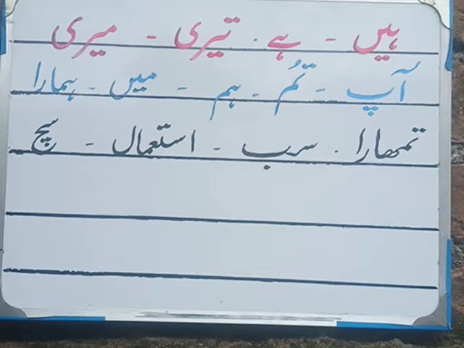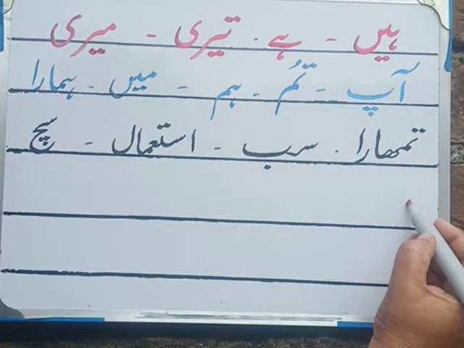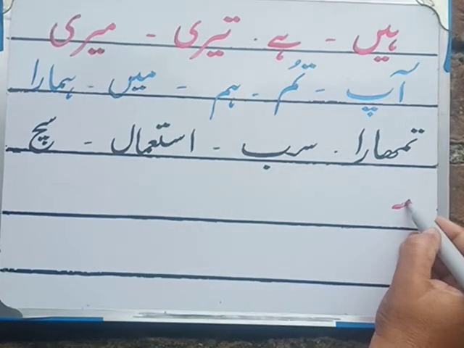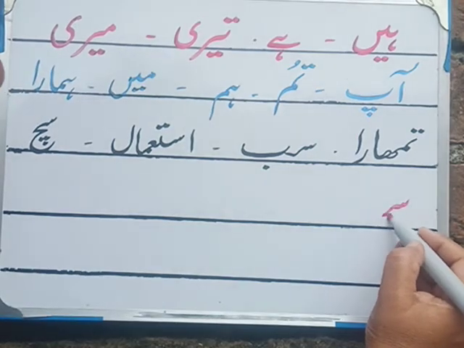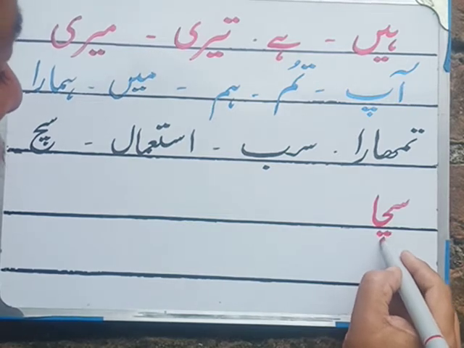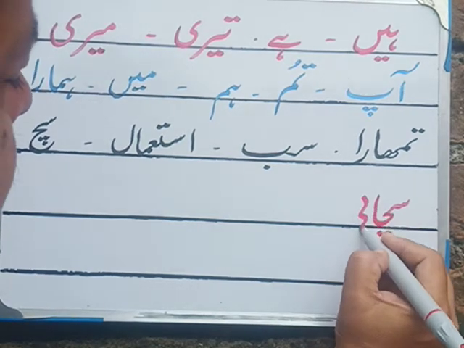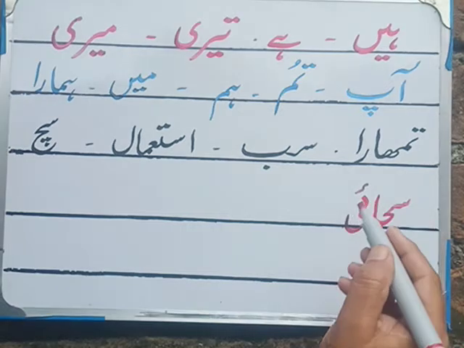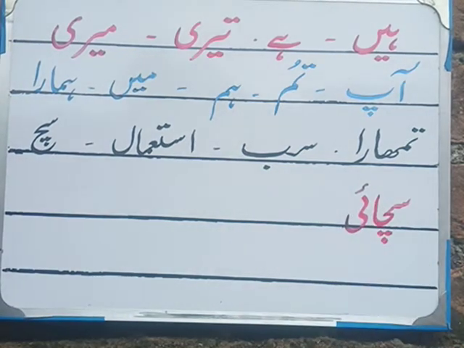Next word is sachai. Its meaning is truthfulness. You can say that this word also belongs to truth.